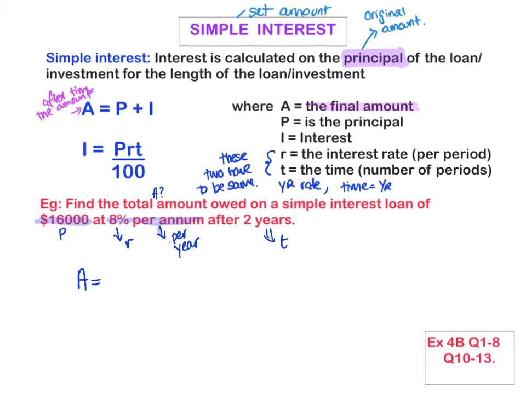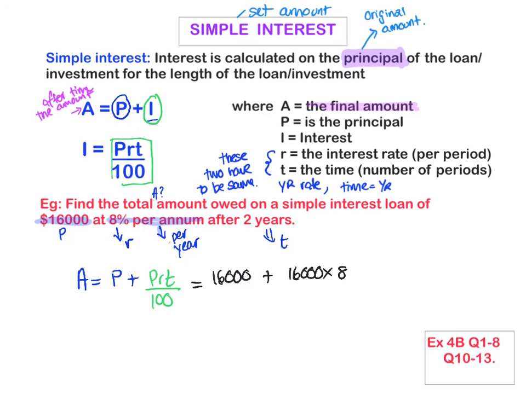A equals P. Now, P is the principal, plus I. Now we've got a formula here for I, so I'm going to use that instead. I'm going to use PRT over 100. And so I'll plug all of that data in. So I've got 16,000 plus 16,000 times the rate times the time over 100, and we're going to get a total amount. So you just do that in your calculator.